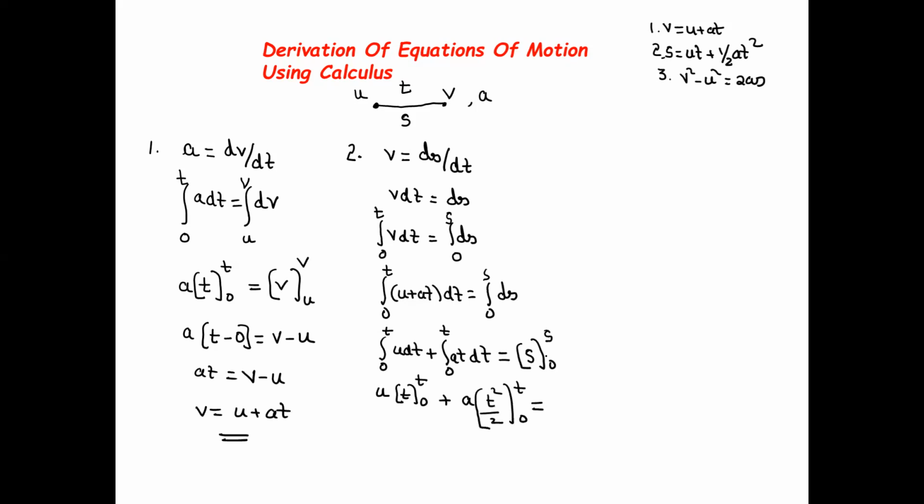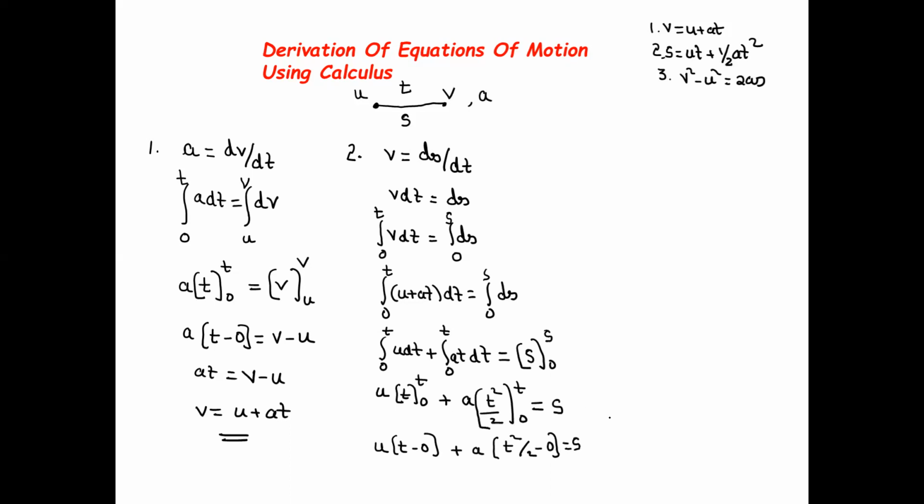Here we are applying upper limit minus lower limit: s minus 0 is s. So here also we'll apply the limits: t minus 0, plus a into t square by 2 minus 0, will be equal to s.